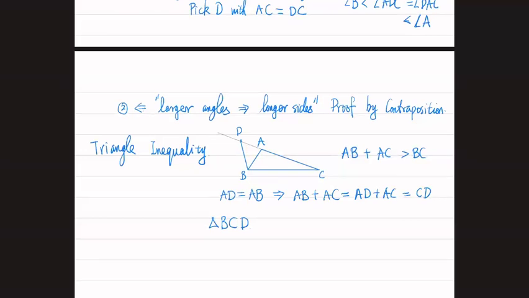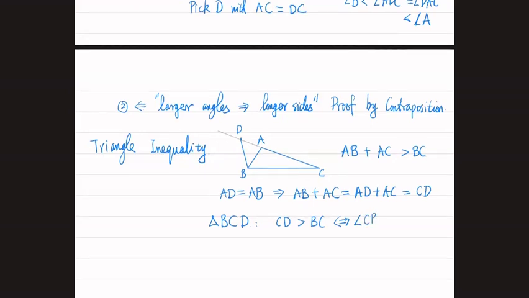Now we need to check in this triangle that this is the longer side than this one. You need to check this is the bigger angle than this one. So CD longer than BC is the same as angle CBD bigger than angle BDC.